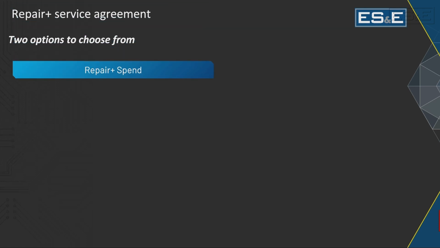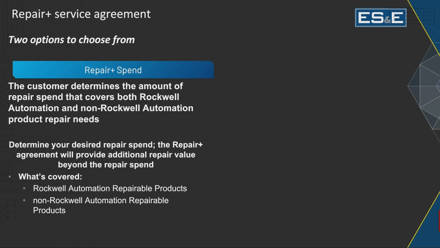We have the Repair Plus spend, which is basically where you determine how much you want to put into this repair agreement. The minimum is $5,000, but I've seen all the way up to hundreds of thousands of dollars. You determine what you want to put in, and it covers non-Rockwell and Rockwell, so third-party and Rockwell items.